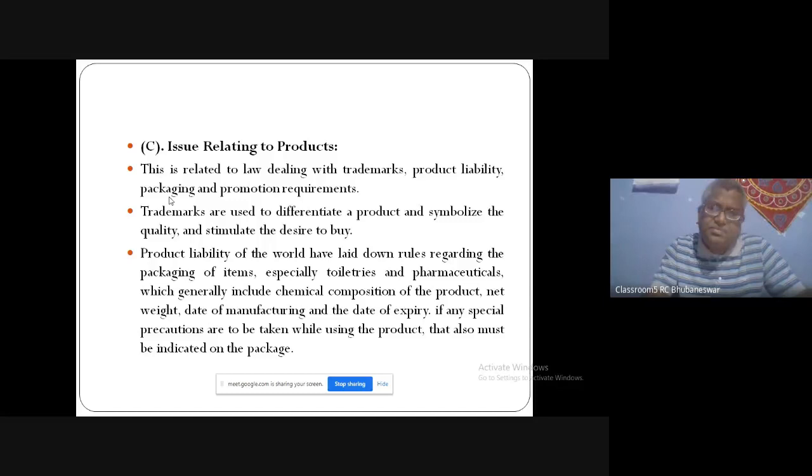For example, during COVID, when China was sending some products to India, India was reluctant to receive them because they were defective in nature, for example PPE kits. This is how issues relating to product arise, like pharmaceutical issues, packaging issues, or quality issues.